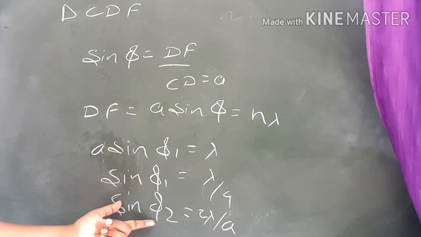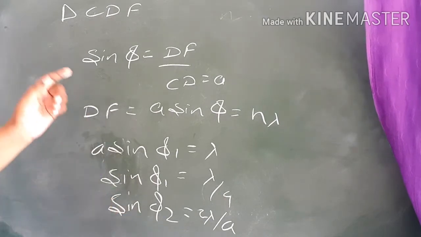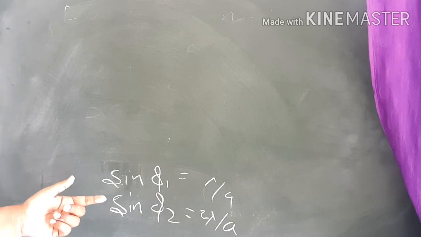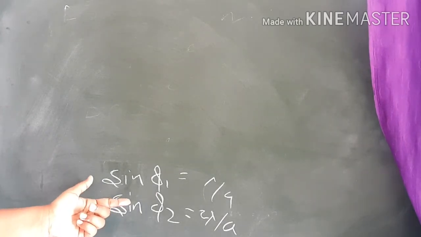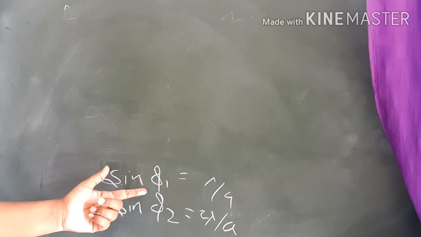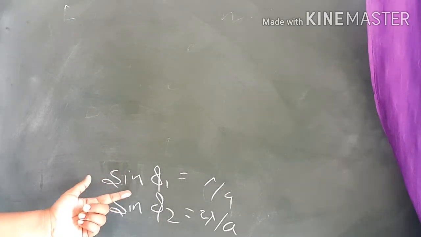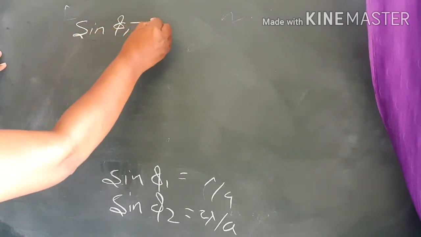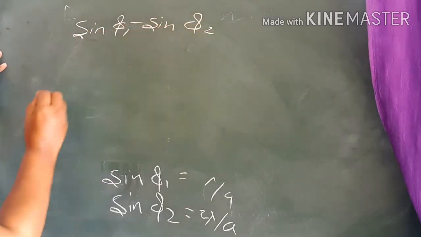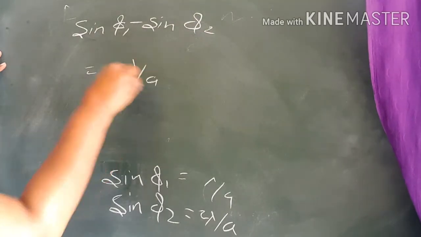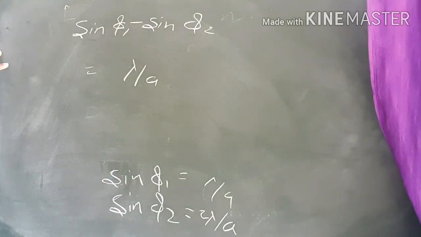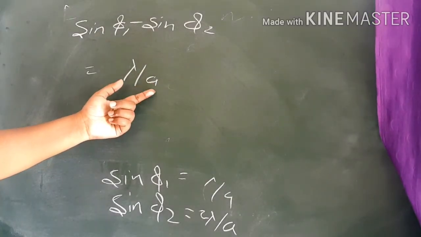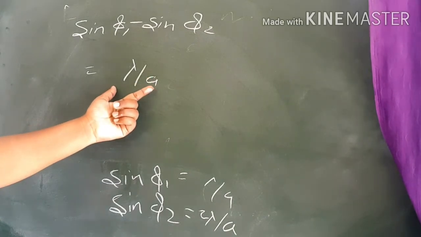This is the second minima for diffraction. So we have to find the angular width between two consecutive minima, meaning the angular width of maxima. So sine phi 1 minus sine phi 2 is equal to lambda by a. This is the angular width of maxima, or angular width between two consecutive minima.